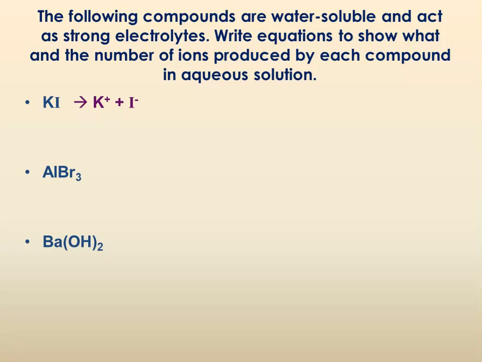But because there are 3 bromines present in that molecule of AlBr3, when I write the chemical equation, I would want to show that 3 -1s would balance out with the +3 of aluminum. And so the total charge on both sides of the equation should be equal. That is what makes the aluminum bromide, which was initially at a charge of 0, neutral. Its ions, when they separate, would also still leave you with a neutral charge.